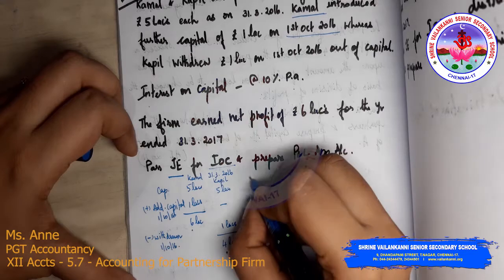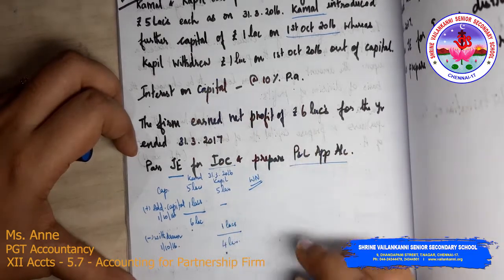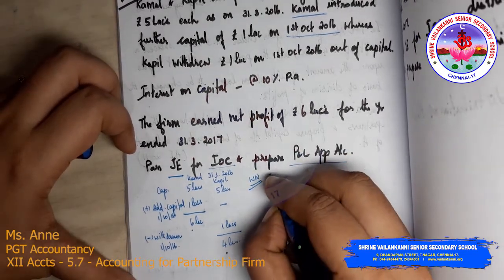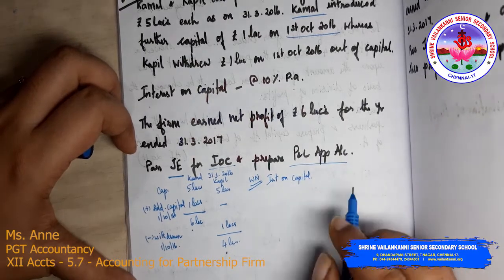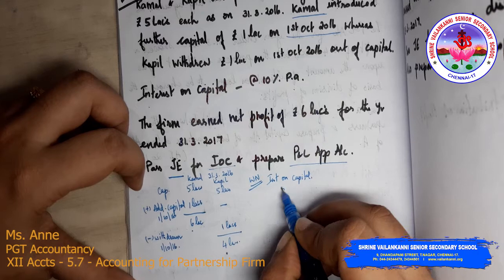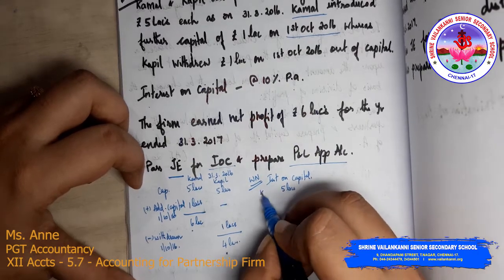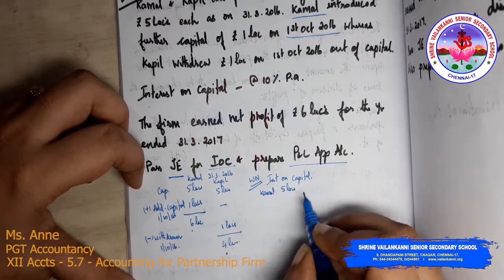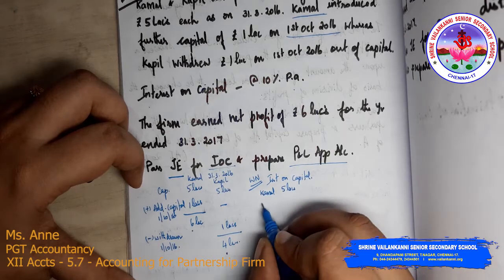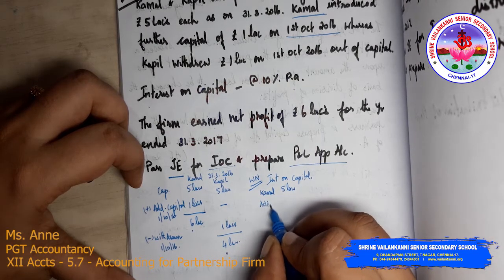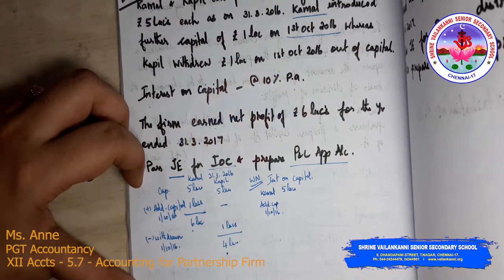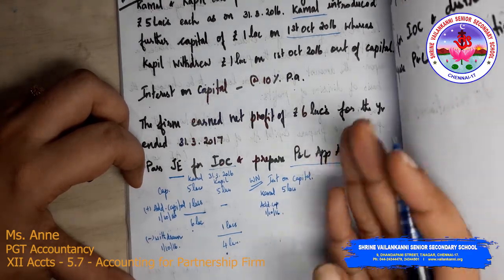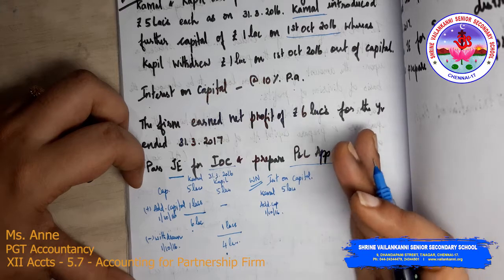Before that I want to calculate the working notes for interest on capital. Now what is the interest on capital? 5 lakhs is for Kamal for the entire year. He has introduced additional capital on 1/10/2016, so it is for October, November, December, January, February, March.